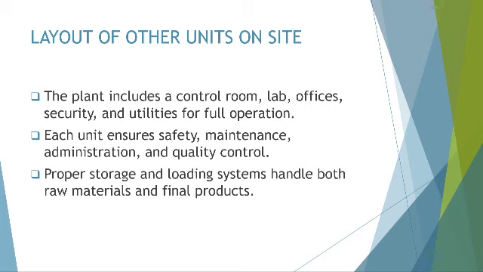Security units are in place to ensure both personnel and process safety. Then there are utility units like water, air, and power, which support the chemical processes.